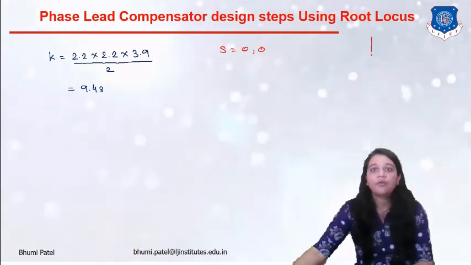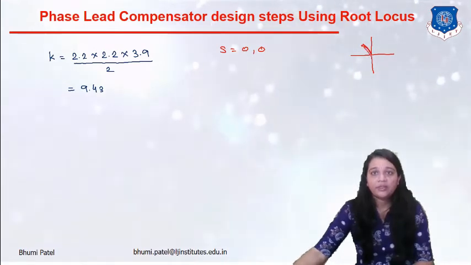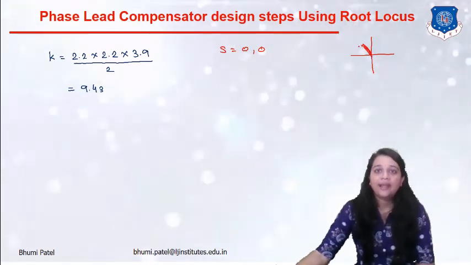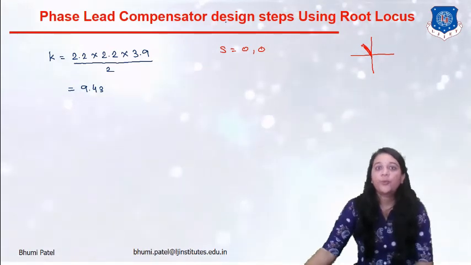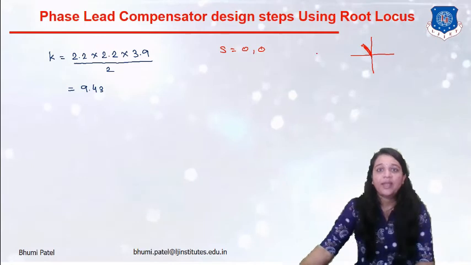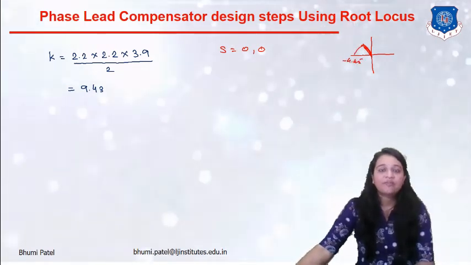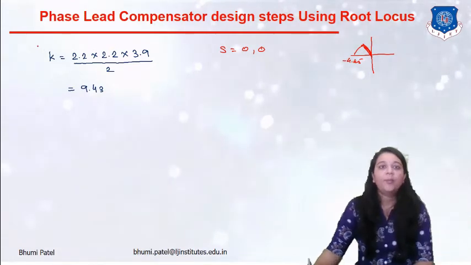Suppose we draw the line SD, and we find out the vector length. The two poles are located in the same position, so the vector length is the same, and the third pole is located at 4.45, so this vector length is 3.9, divided by 2.